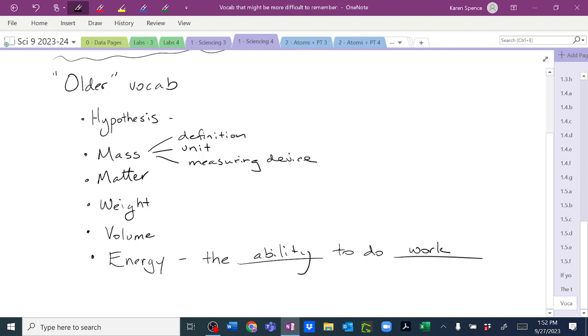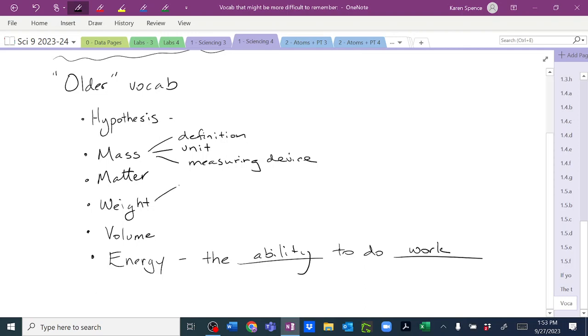Chloroplast. Yes. And what form of energy is doing the work of making the sugar? It's the light from the sun, okay? So that's the energy that's doing the work of making the sugar, okay?